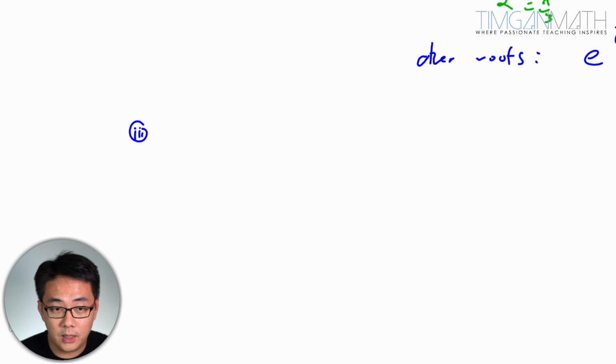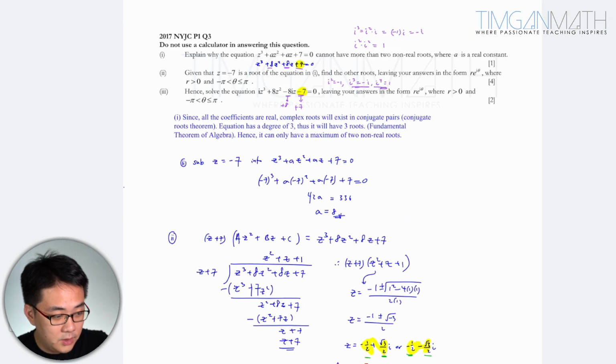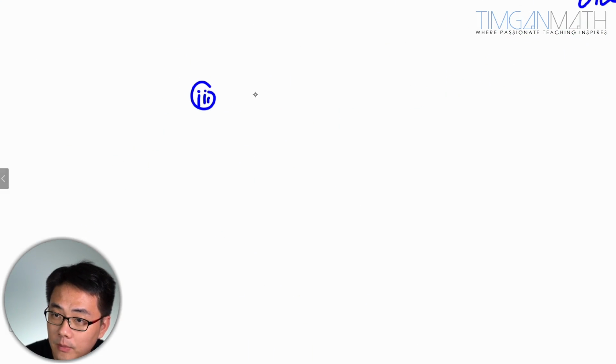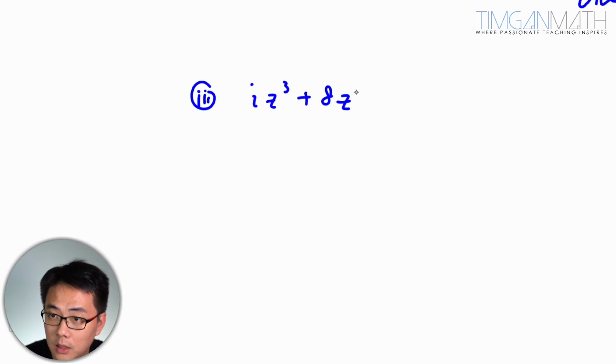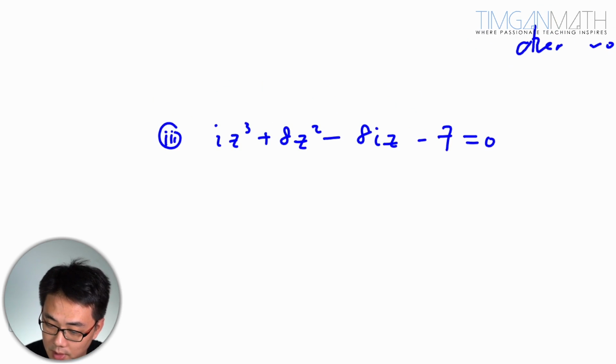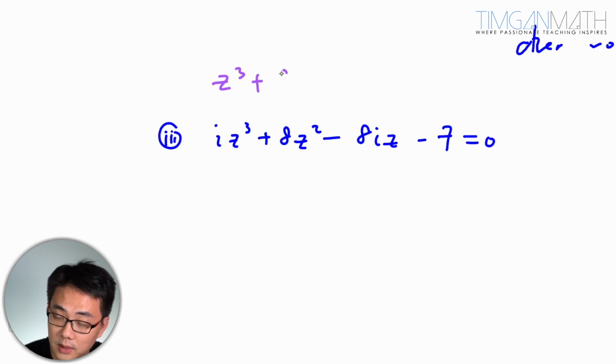So for part 3, you start off with the constant. Let me just bring up my software, okay, here. And we'll start off with iz cubed plus 8z squared minus 8iz minus 7 equals 0. So this is 1. Then what I'm going to do next is anchor this by using z cubed plus 8z squared.